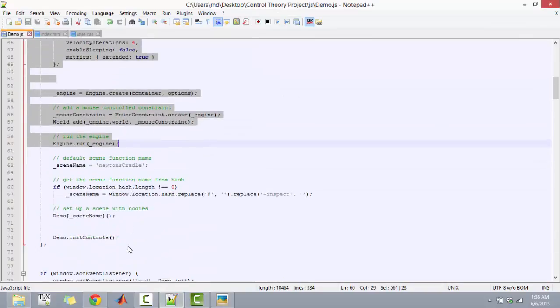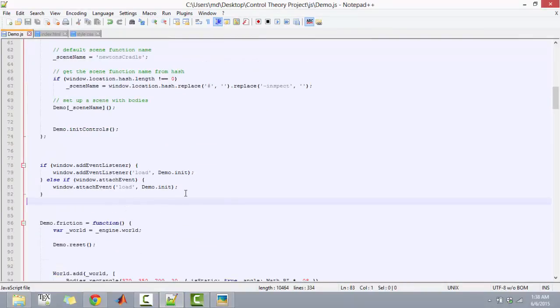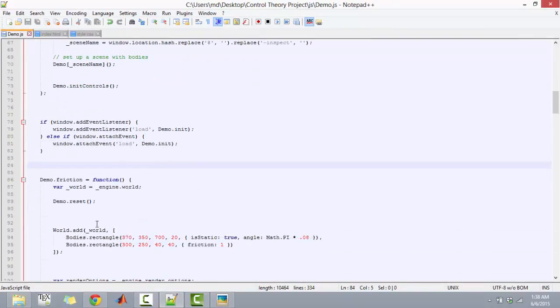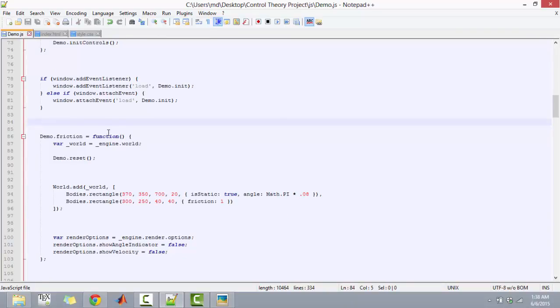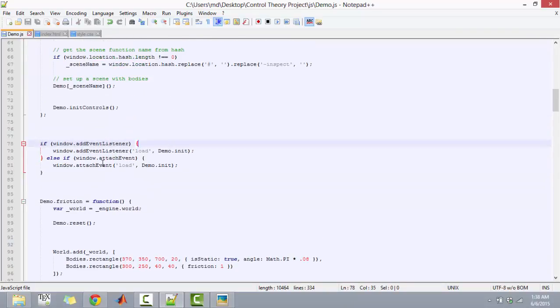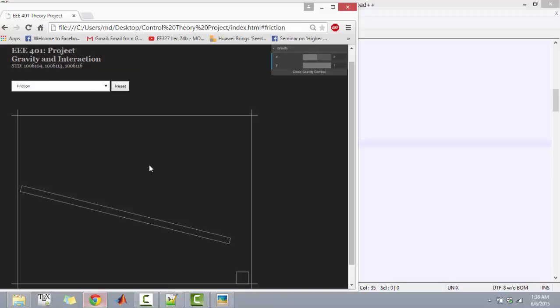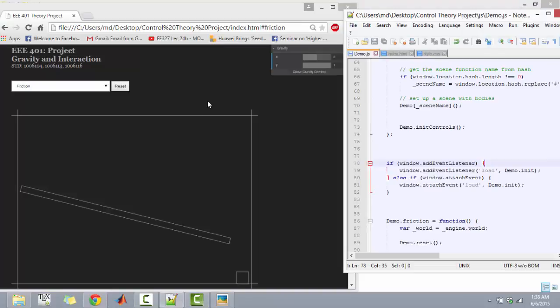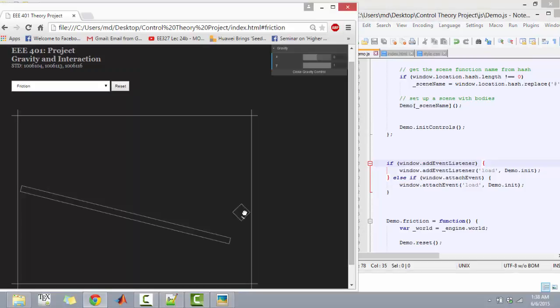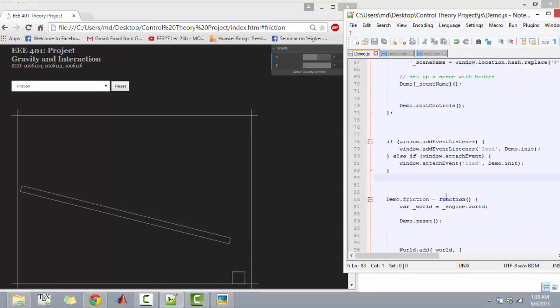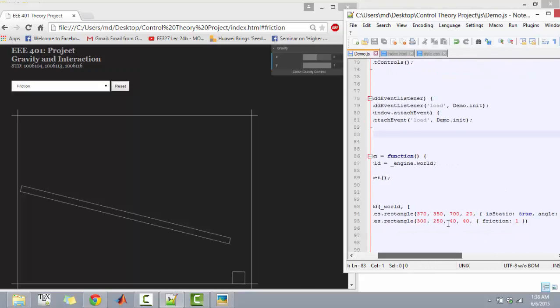For input, a mouse controlled event is declared in JavaScript, which helps us to give input such as moving and dragging object in this physical system. Suppose, for example, for the sub-project friction, we have declared two rectangles of different sizes.